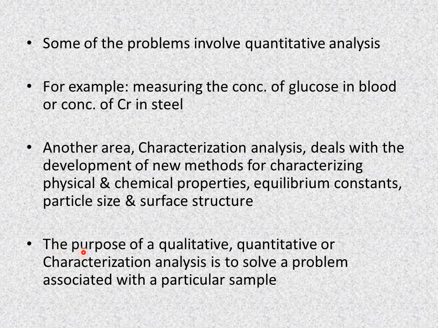So the purpose of a qualitative, quantitative, or characterization analysis is to solve a problem associated with a particular sample. Meaning, in chemistry, we can solve a problem by performing these qualitative, quantitative, and characterization analyses.